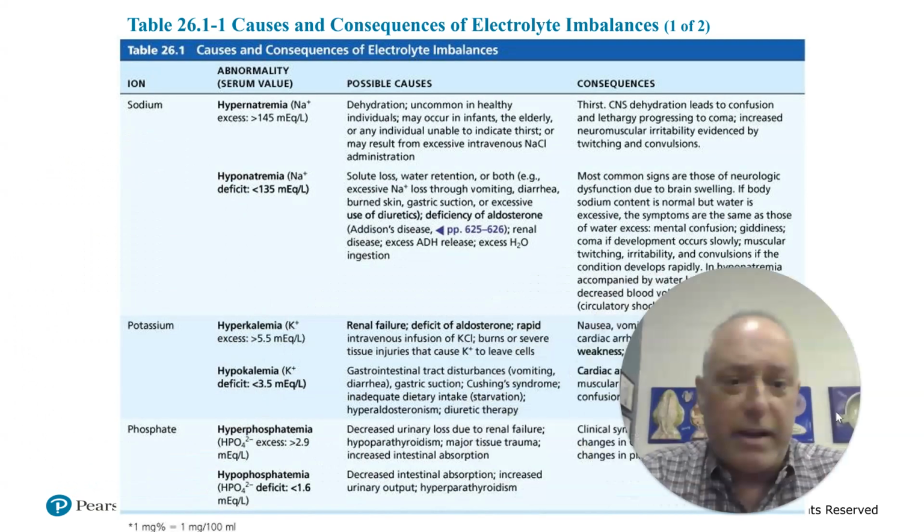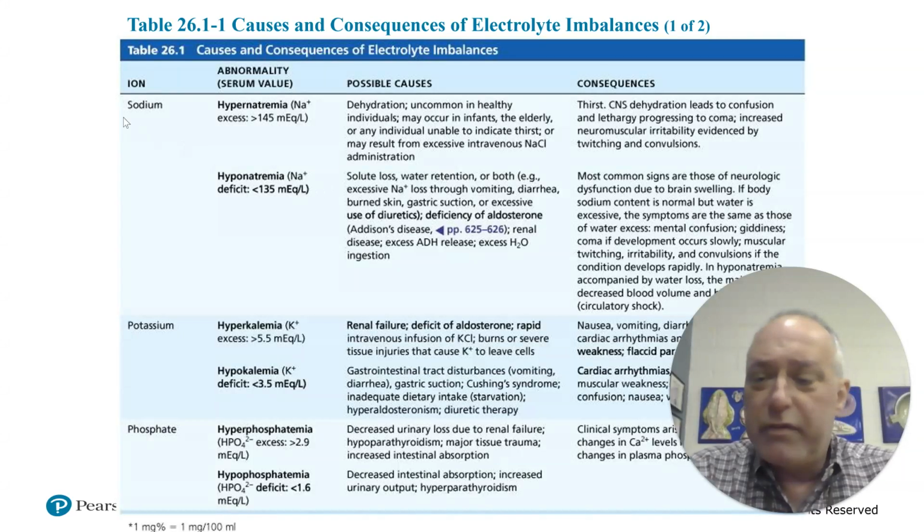So let's look at some ions. Sodium is also referred to as natremia or natria. So hypernatremia is increased plasma sodium levels. And sometimes this is caused by dehydration. You don't have a lot of water, your sodium levels are high, and the consequences are increased thirst.